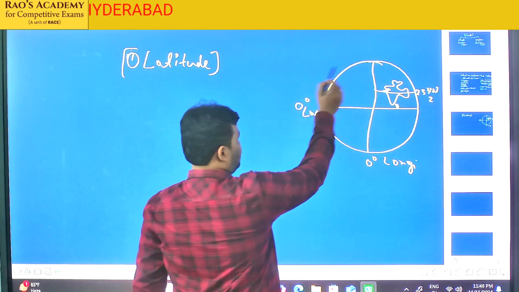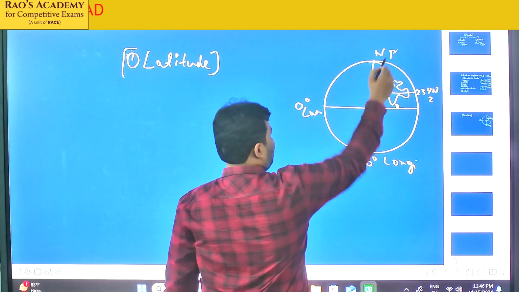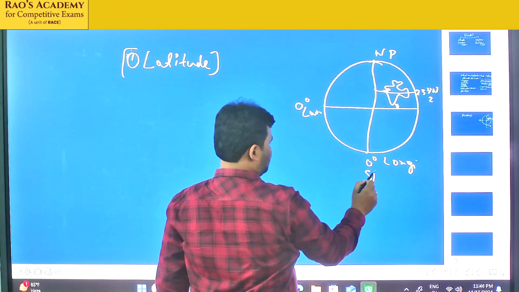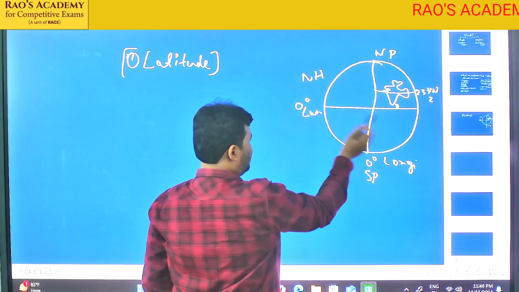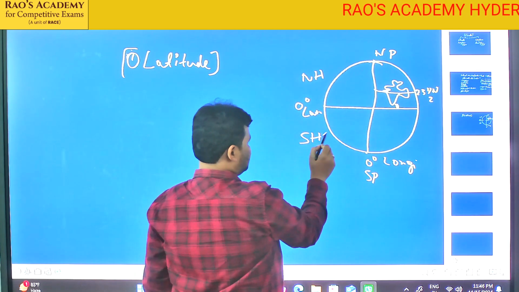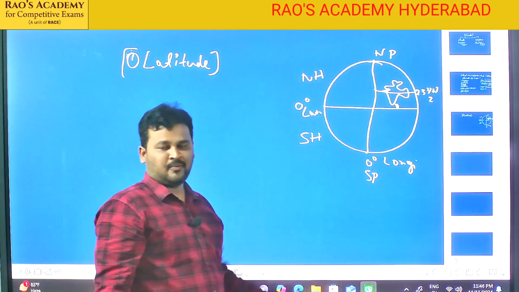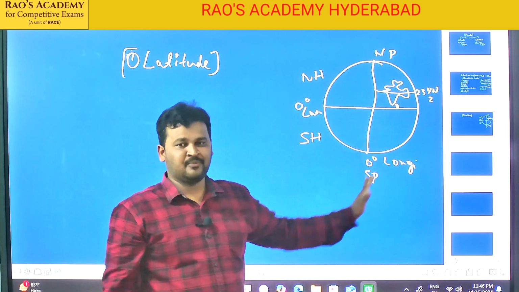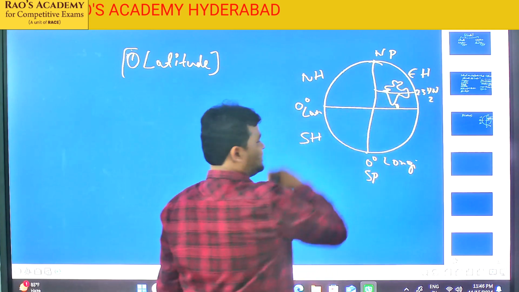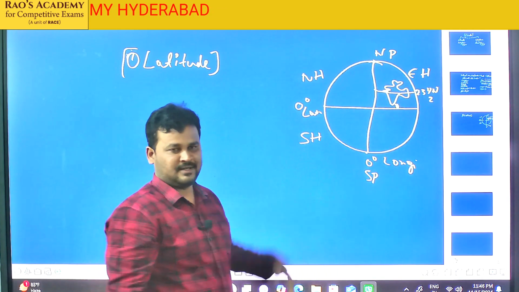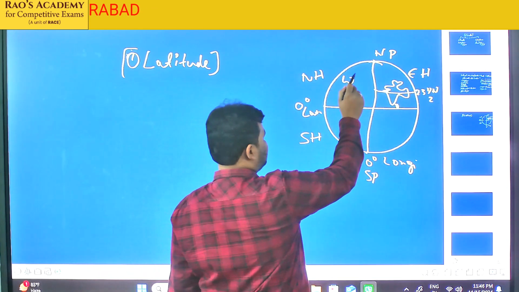This is the north pole and the bottom one is the south pole. The upper side is the northern hemisphere. Below the equator is the southern hemisphere. The part east of the prime meridian is known as the eastern hemisphere. The part west of the prime meridian is known as the western hemisphere.